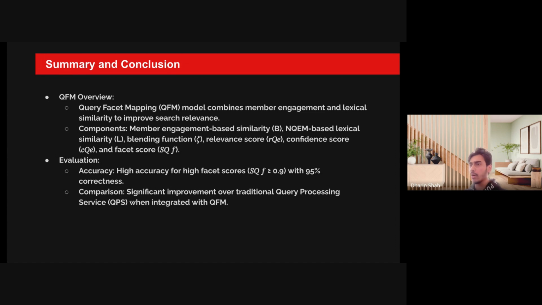But on top of that, you can leverage the QFM model to produce more relevant results. This is a generic model that you can apply to different types of technologies. There's no one technology over here, right? So that's important to know.